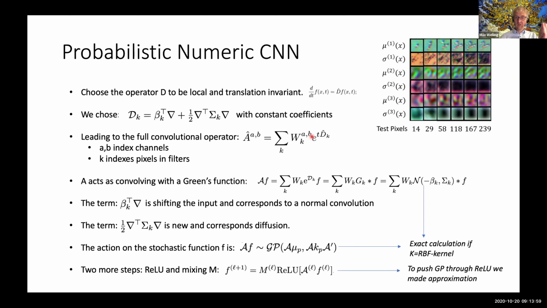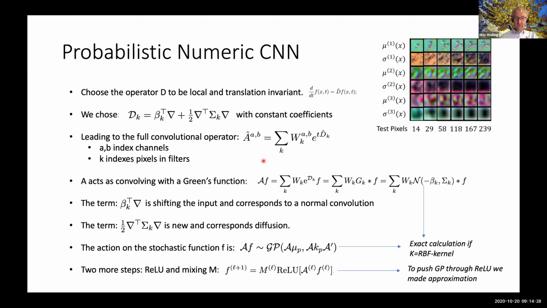For every channel B that you act on this with, you're going to choose a different weighting value for these operators that you have defined. And basically, this is a very general formulation of how you can act with a differential operator on a sort of field of feature maps, where the index of the vector is given by this channel index B.